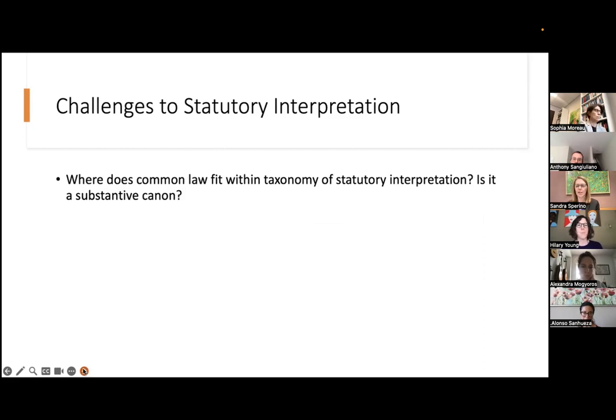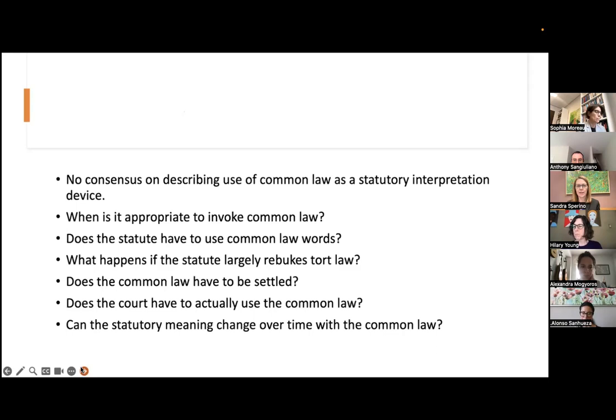It's unclear actually where the common law generally fits within the overall taxonomy of statutory interpretation. What kind of canon is it? No one seems to know. There's no consensus. So I looked at the scholarly literature. Depending on who you read, the common law canons are called lots of different things.